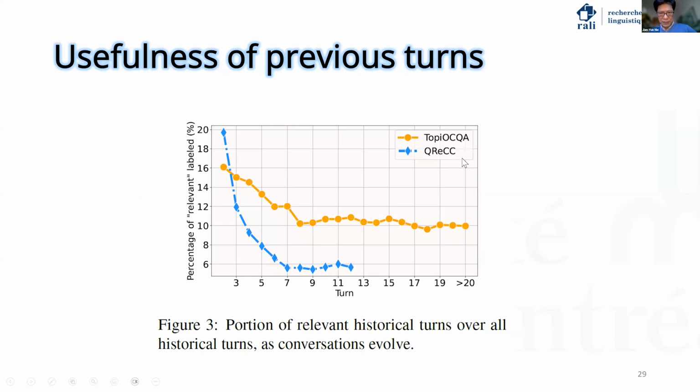But for TopiOCQA, we can see that the utility is higher somehow. It is around 10%, even beyond 20 turns.